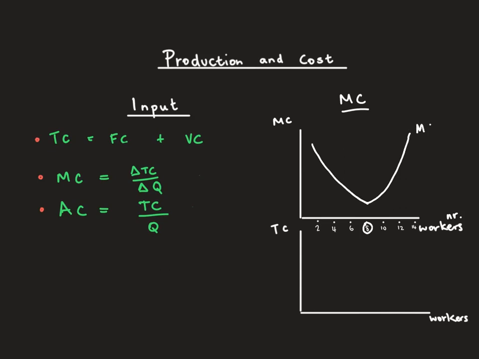So this curve here represents an initial decrease in costs when we hire more people because they're producing more output. But then as we employ more than the required amount of workers that we actually need, our cost per worker or cost per output product produced will start increasing.